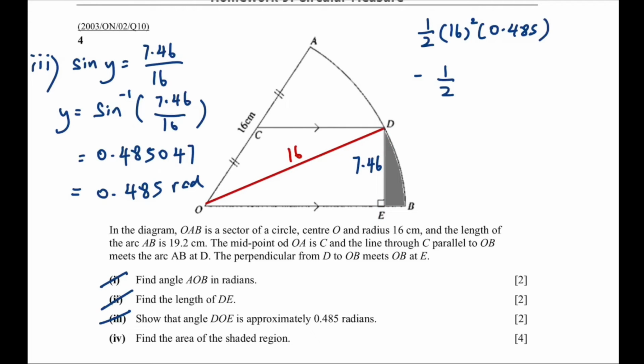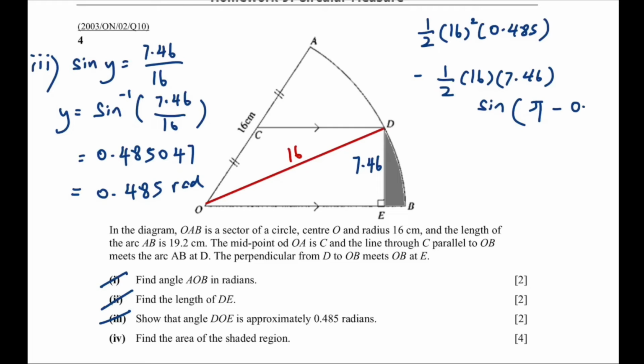Okay, I use 1/2 ab sine C. If I use ab sine C, I have to take these two as a and b, with the included angle in between. So 16 is my a, 7.46 is my b, sine C. How do I know the angle here? This is 0.8485, right? This is 90 degrees, right? So you figure out 180 degrees. 180 is pi in radian.